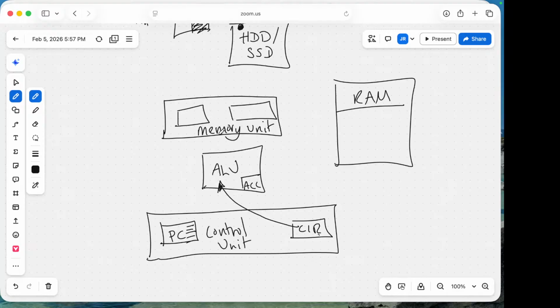So this is a little bit of memory inside the CPU that it needs to get the instruction. The program counter sends the address of the next instruction to fetch from the RAM, and that goes to the memory address register.